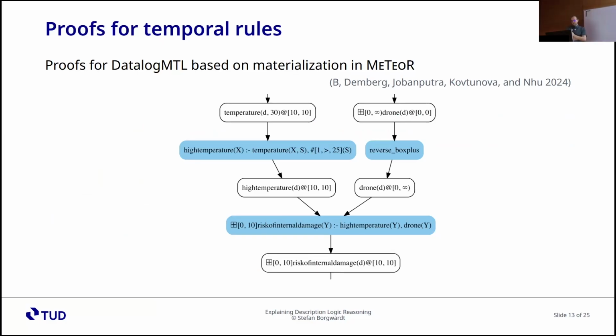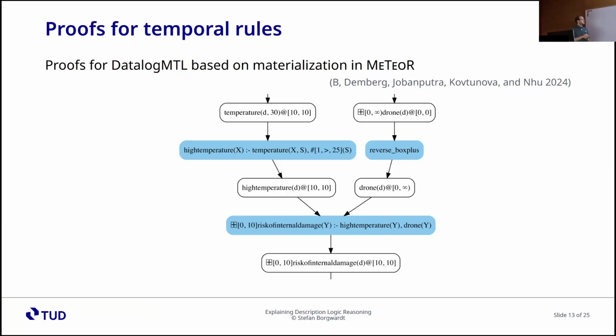Now the last thing I want to mention in this regard is that we also did something in temporal. Another thing that Baruch mentioned earlier, that I'm interested in temporal rules, basically Datalog MTL. The reasoner Meteor was developed for Datalog MTL, and we extended this by allowing to trace the materialization process in Meteor.